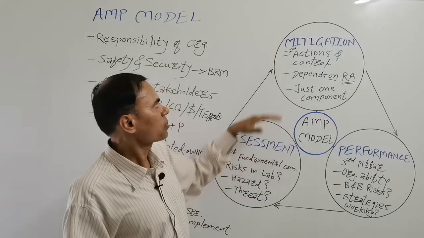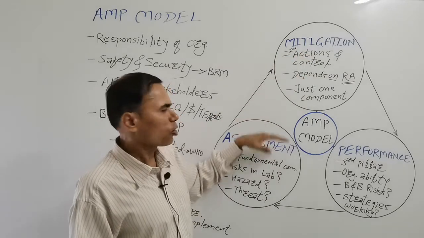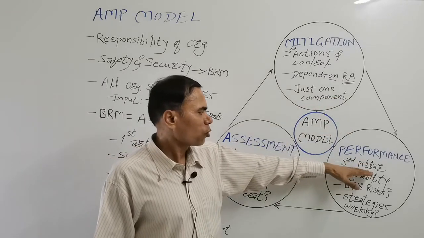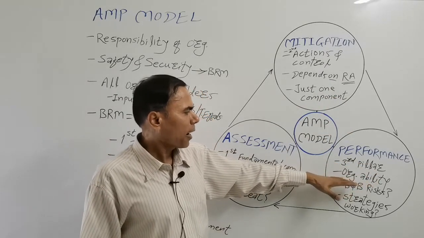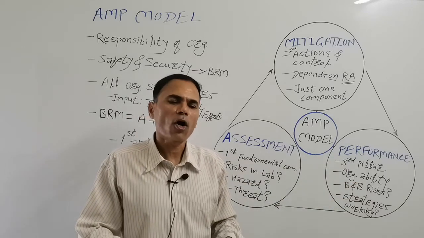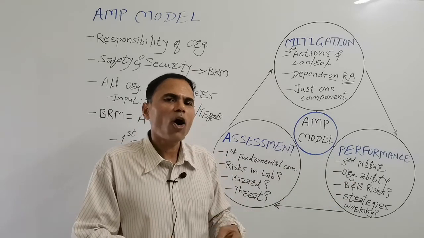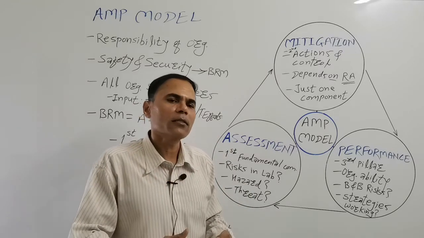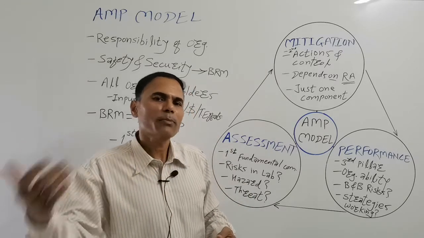Assessment should be robust, mitigation is dependent on the assessment quality, and after that, performance. So this is the third pillar, and this performance helps you to assess the organization's ability in implementing the biorisk management program.